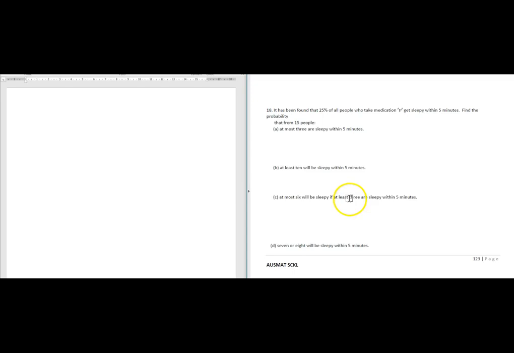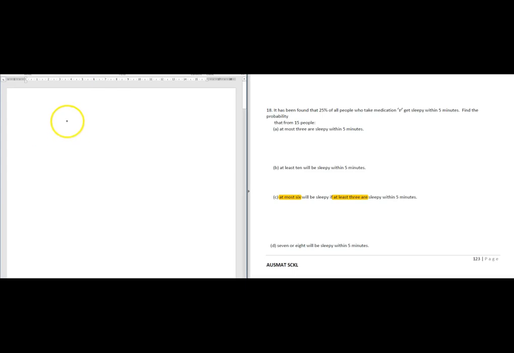Which one happens first? The condition is actually at least 3. So the at least 3 happens first. Out of it, how many at most 6 will be sleepy within 5 minutes?